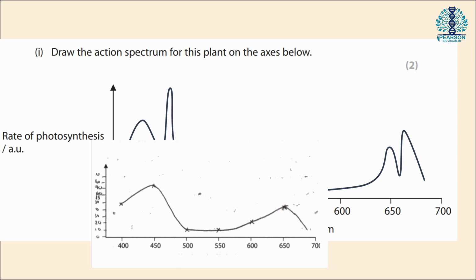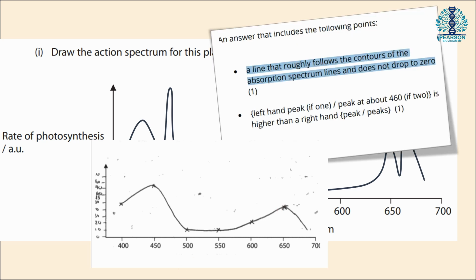According to the marking scheme, the line we draw should roughly follow the shape of the absorption spectrum lines and should not drop to zero. Also, if there is a left-hand peak around 460 nanometer, it should be higher than the right-hand peak. And this will give a good approximation of the action spectrum based on the absorption spectrum.